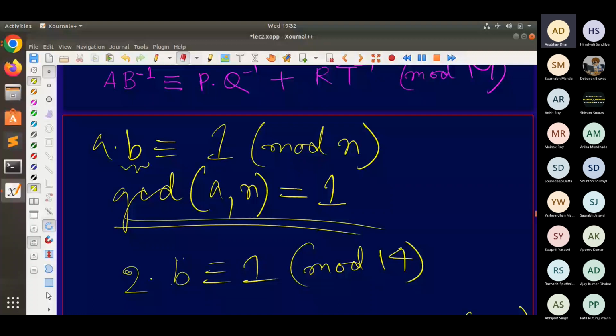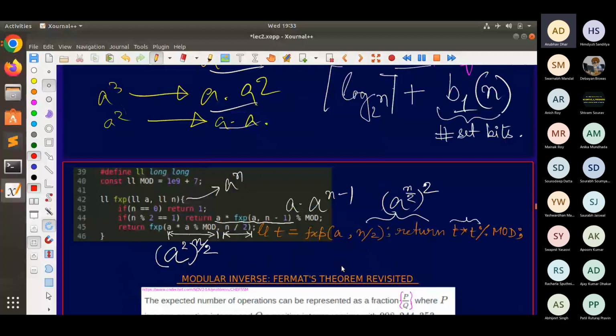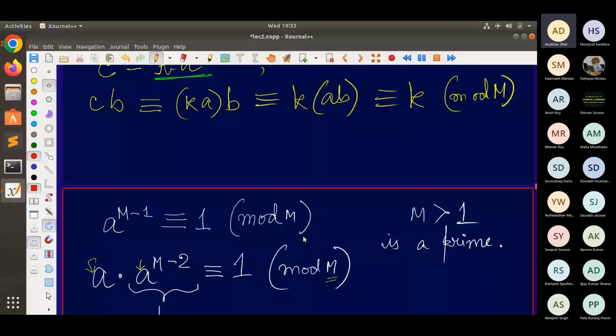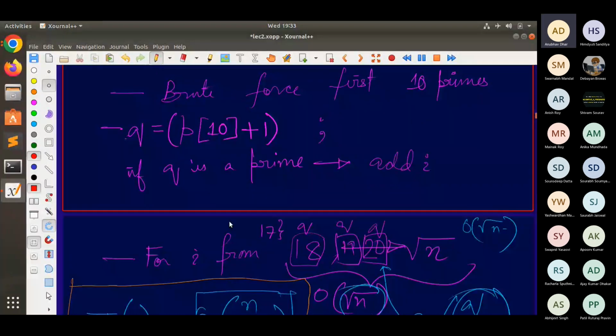Okay. Yeah, extended GCD, extended Euclidean algorithm. Those are very intriguing parts of number theory. But given that your numbers are usually 1e9 plus 7 and 998244353, I forgot that number.